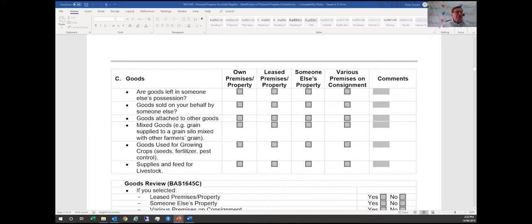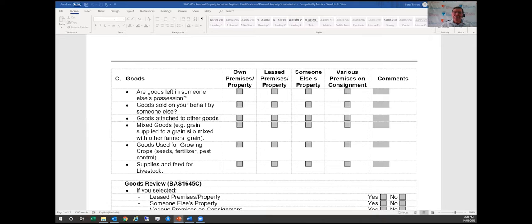We then move into goods, and goods have got a number of dissections also. Goods left in someone else's possession. Goods sold on your behalf by someone else. Goods attached to other goods. Mixed goods, grain supplied to a grain silo that are mixed with other farmers' grain. How do you repossess your client's grain?